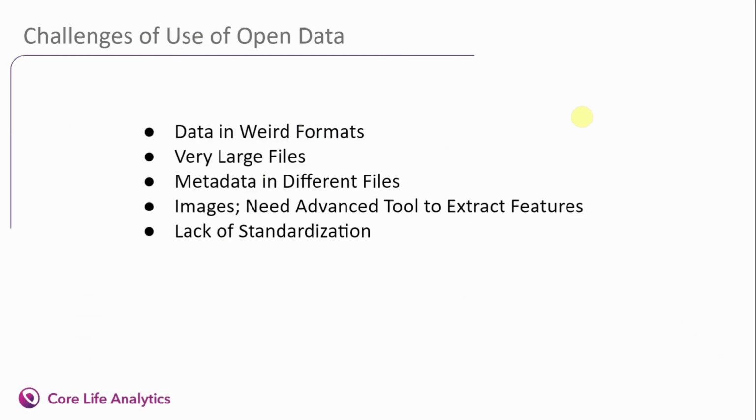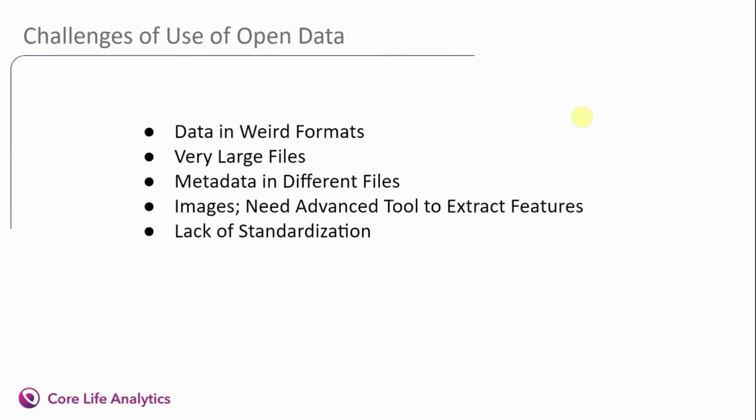One thing that our work with these open data also shows is the actual challenges of using the open data. In certain cases, you end up with data that is unusual or weird formats. Some of the files can be very large and can be hard to handle. Also, some of the metadata can be split between different files, and so this is a critical point where you have to merge them, you have to join them, and sometimes this can be a challenge.